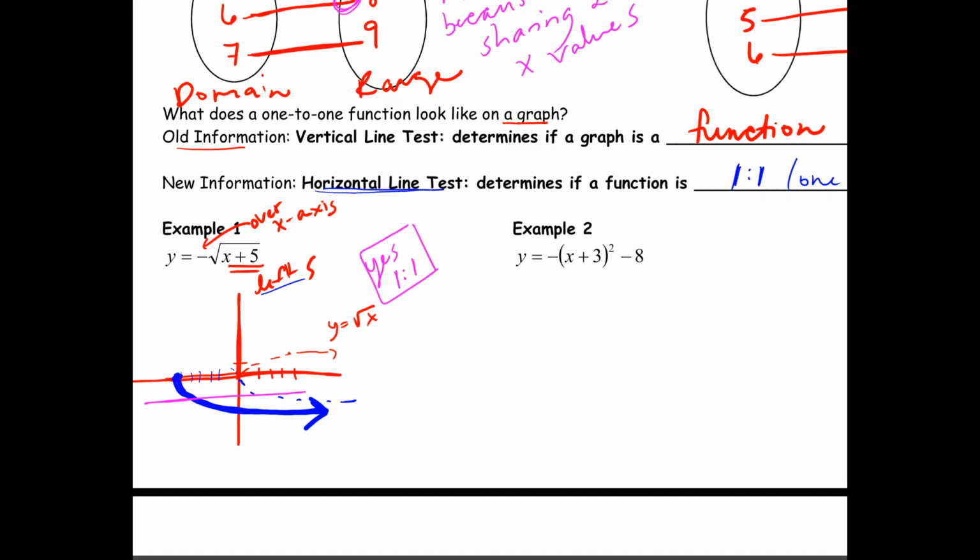Okay, let's think about example 2. Actually, example 2, why don't you try this one with your partner? First, describe the shifts as if you would have to do on the test tomorrow, and then just determine, is it one-to-one?